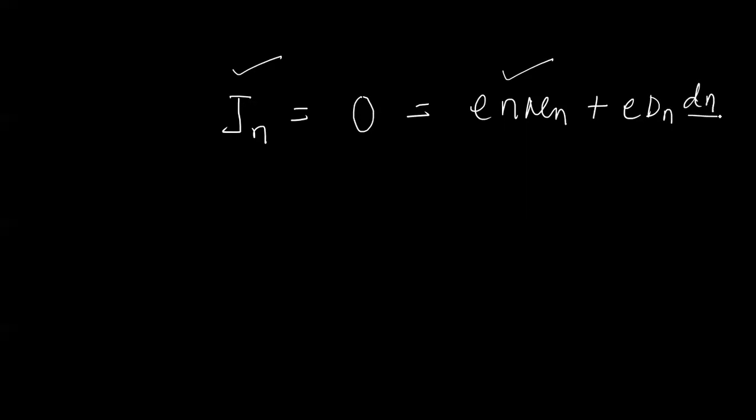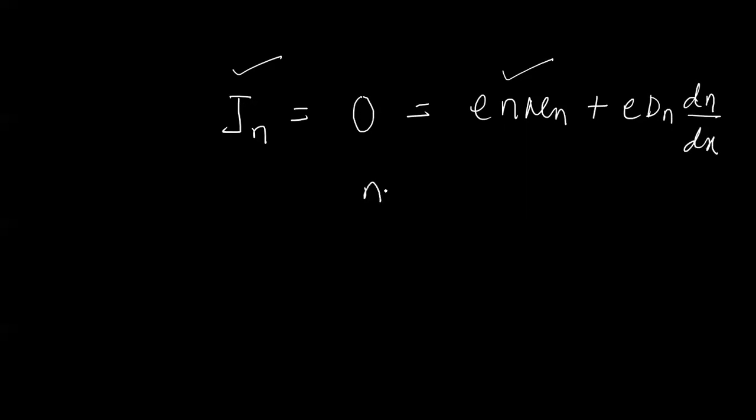For a thermal equilibrium semiconductor which is non-uniformly doped, with an induced electric field, there will be drift of electrons and diffusion of electrons, but it is in thermal equilibrium, so there will be no current. So the current density due to electrons must be zero, which can be equated to E n mu n Ex, the drift current because of electrons, plus the diffusion current, E Dn dn by dx.